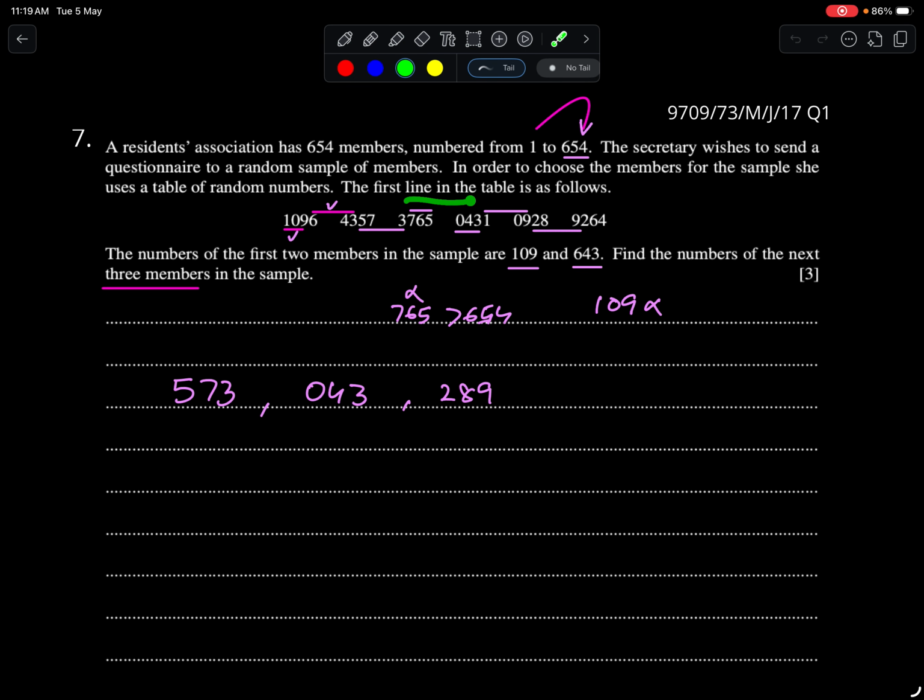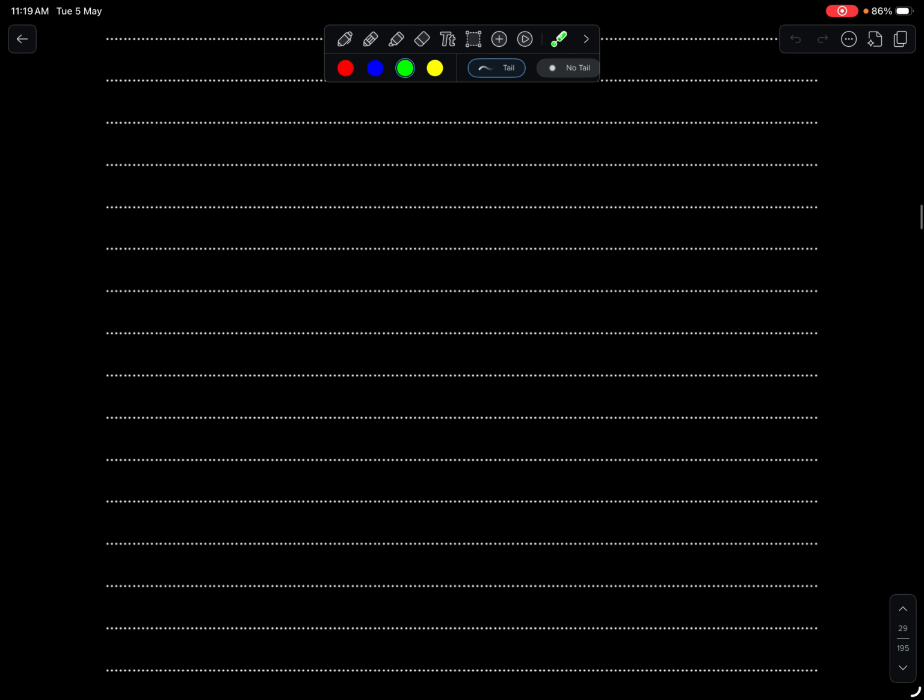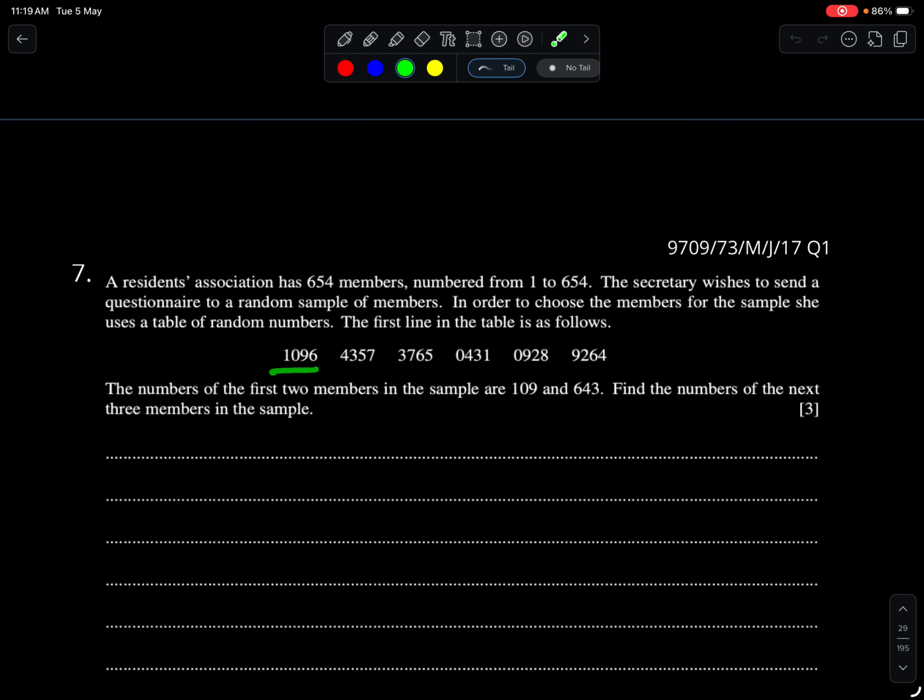The first line in the table is as follows: 1096, 4357, and so on. The number of the first member in the sample is 109. This is the first one. The second number is 643, and the size is 654. Okay. Find the numbers of the next 3 members.